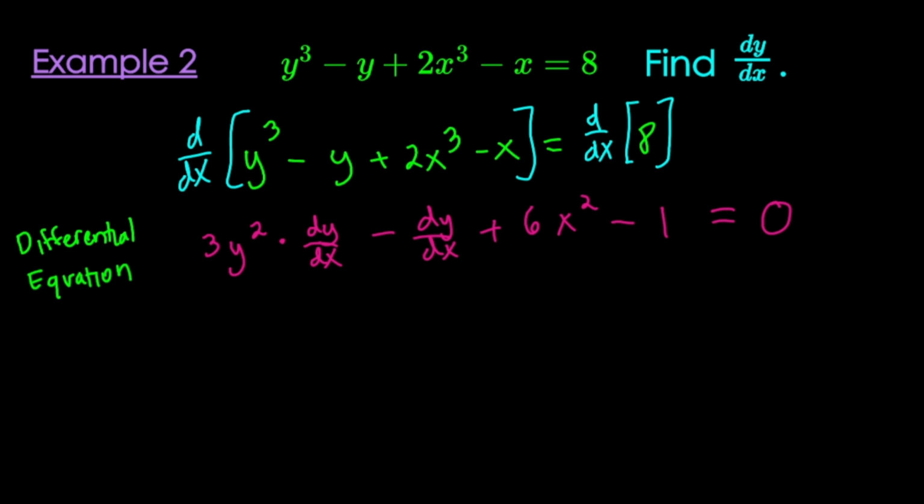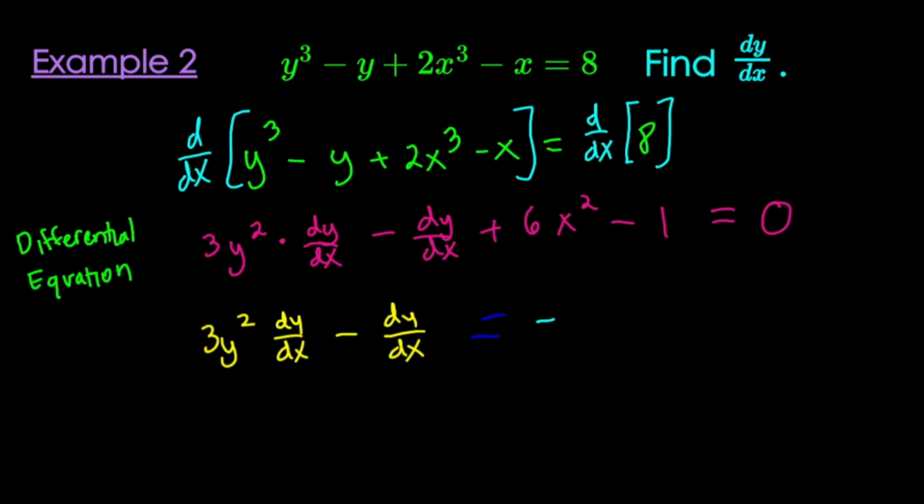If you look back at the steps that we wrote down, the next step is to collect all the things that have dy dx on one side and all the things that don't have dy dx on the other side. So 3y squared dy dx minus dy dx. Those are the terms that have dy dx. Now the other two terms don't have dy dx, so we'll toss them over to the other side of the equation.